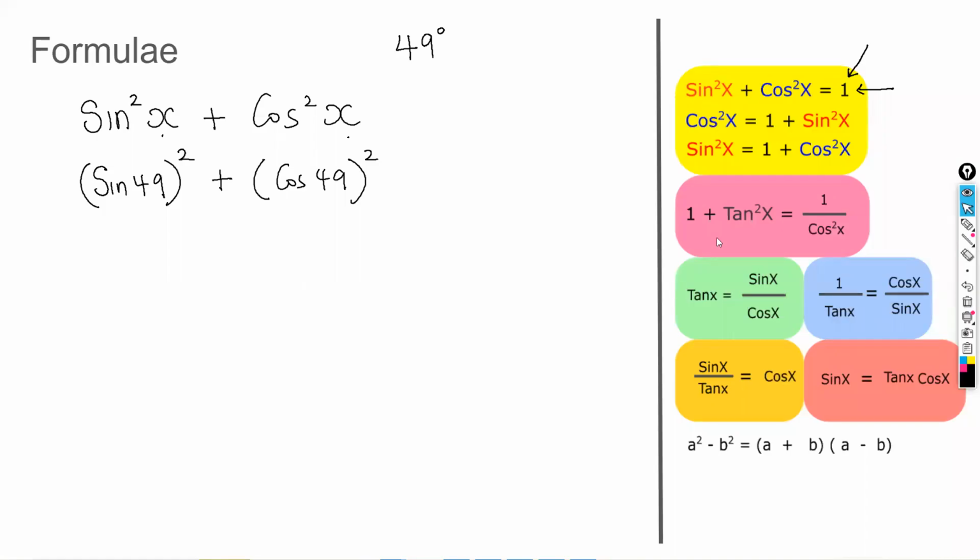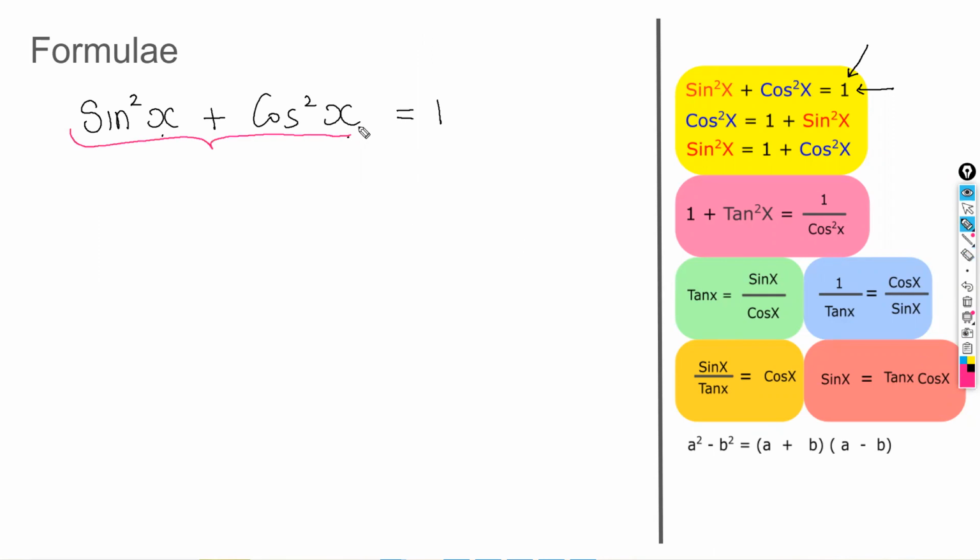Right, so now that you have shown yourself that this is actually true, sine squared plus cos squared is always equal to 1. This means in the exam, anytime you see sine squared plus cos squared x, it's perfectly okay to throw it away and replace it with the number 1.